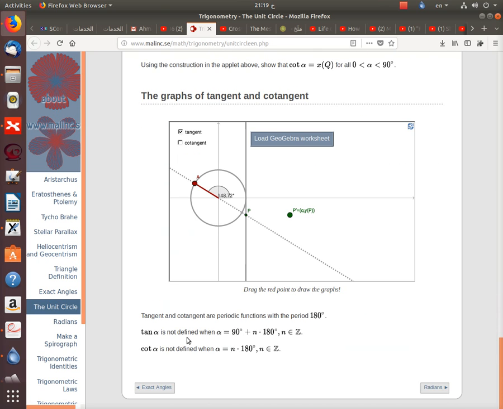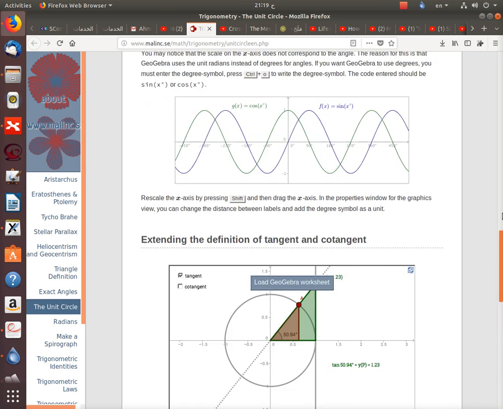Tan is not defined when the angle is 90 plus 180 times any integer, a member of the set Z. And cotan is not defined when the angle is 180 or a multiple of 180, maybe 360, or 3 times 180, or 4 times 180, and so on. So this is the explanation of the website.